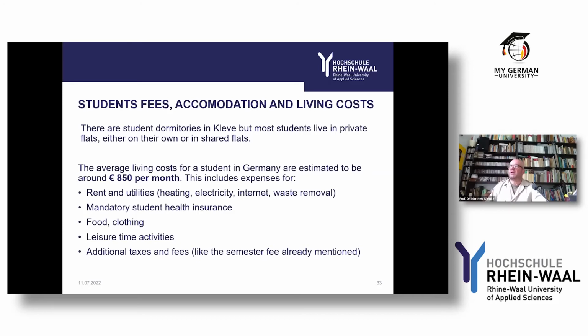This is not so easy. Here is estimated about 850 euros per month for the rent, insurance, food, clothing, additional taxes and fees, whatever you want to do, telephone, and probably sometimes also a beer.